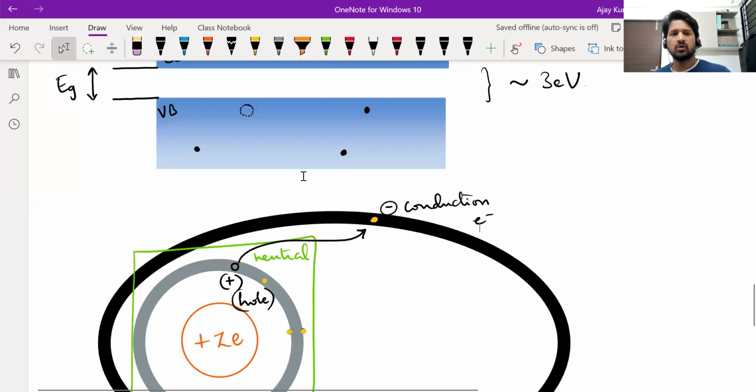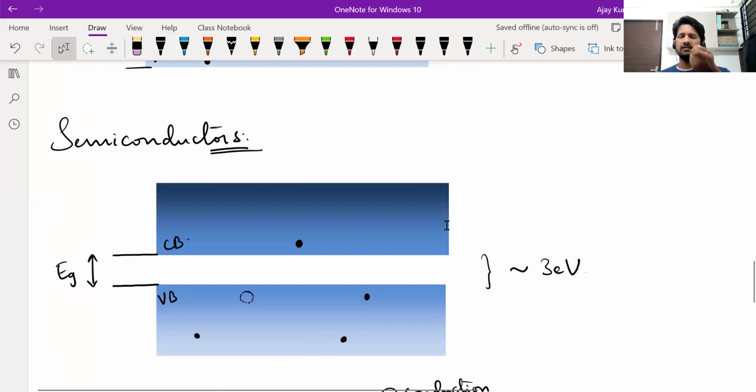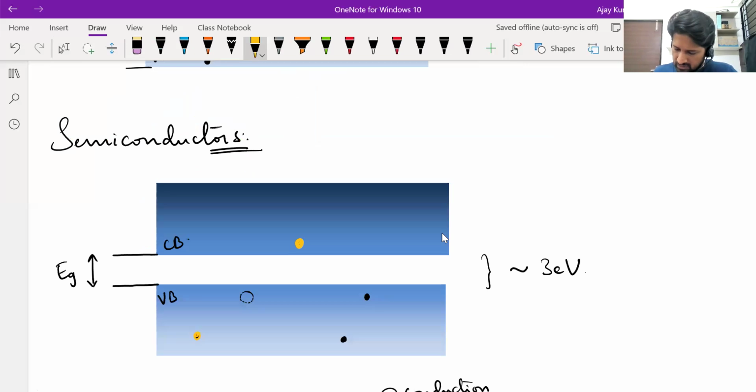So basically, this is what happens in semiconductors. Randomly, in some atoms, the valence electrons jump into the conduction band, creating a conduction electron. Assume these are the valence electrons, the yellow ones.